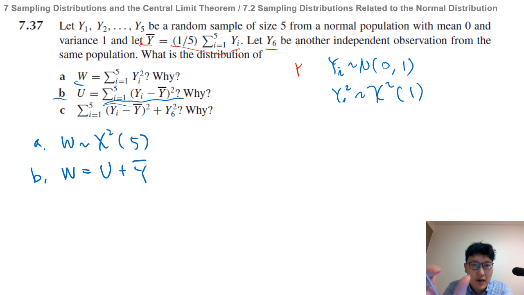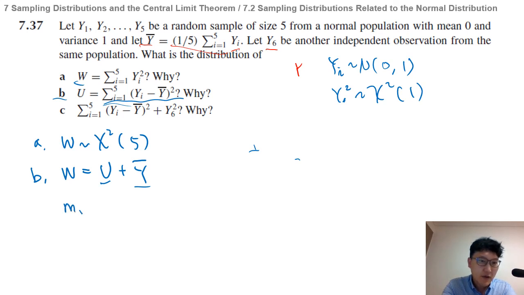Another finding that you can check is that this U part and this Y bar part are independent variables. The reason is from the proof of the previous theorem. I didn't cover it in this lecture, but you can check it in my previous lecture from the Mathematical Statistics 1 course. And from here you can apply the moment generating function technique.